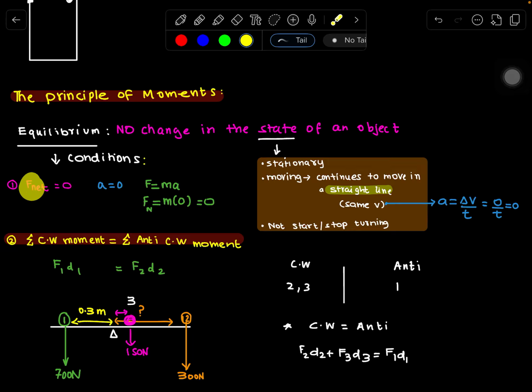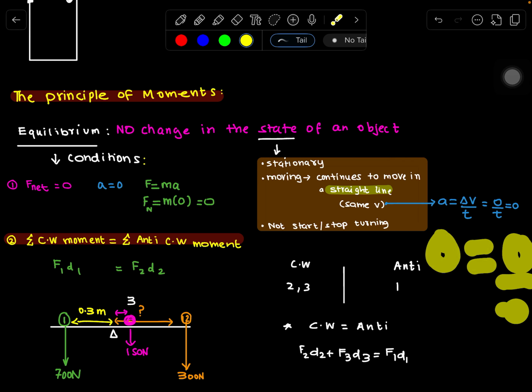So if net force is zero, your acceleration is zero, and we know that the formula for acceleration is rate of change of velocity. If acceleration is zero, that means your change in velocity is zero. Because the only way you can get zero is if you divide zero by any number.